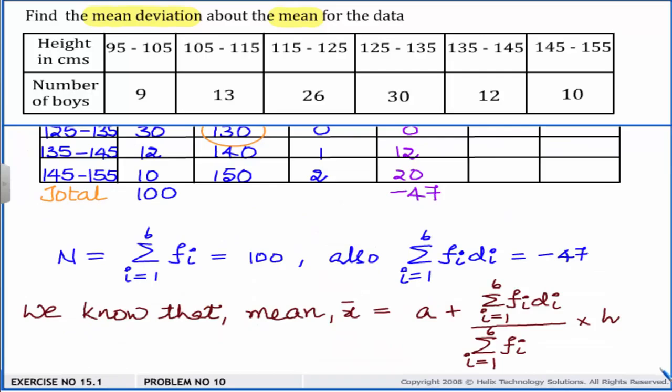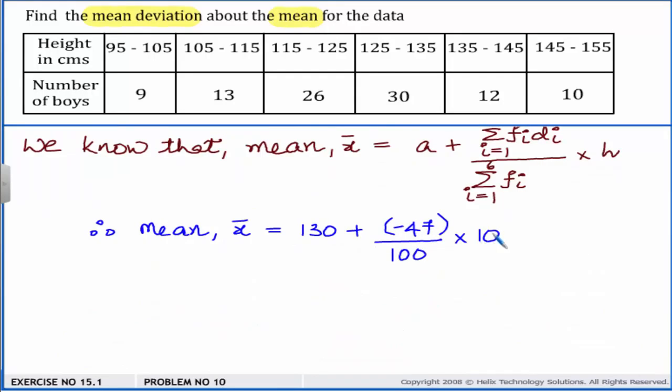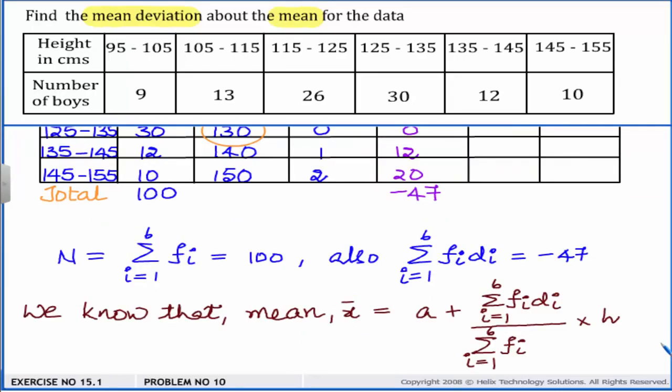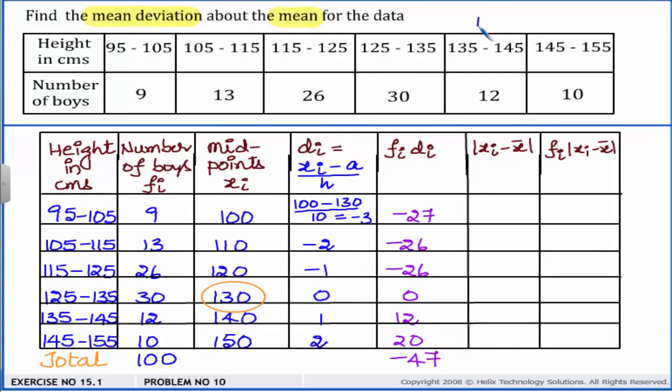So let us write the same there, 10. On simplifying this, you will be getting 130 minus 4.7, which is 125.3. Now let us write the value of mean. Here, mean is equal to x bar is equal to 125.3.